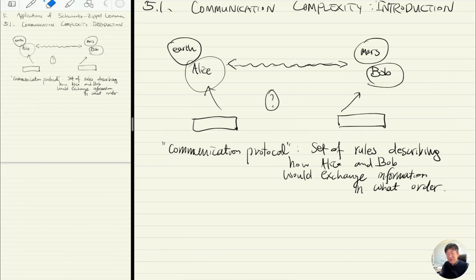And each communication is sending 0 or 1, right? So let's say the protocol may say Alice will send 0 or 1, and then once Bob receives it, Bob does something, or maybe Alice sends many more bits, and then Bob says something. So this is a set of rules.